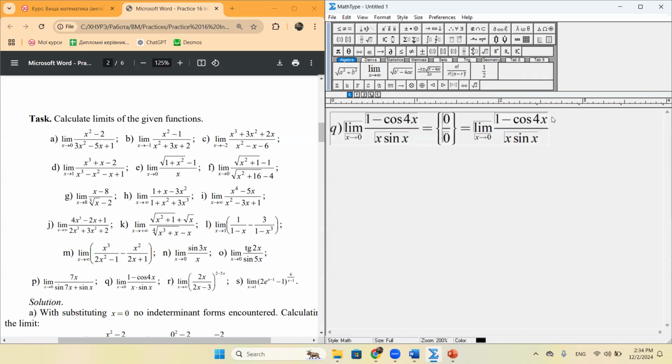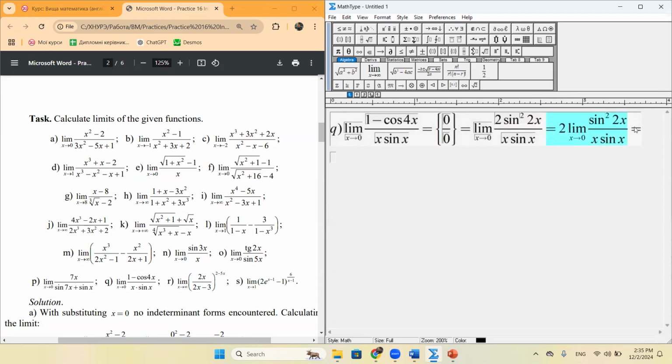1 minus cosine of 4x will be transformed to 2 sine squared of 2x. So such a trigonometric formula. Yeah, and also I will move 2 out of brackets, out of the limit sign.